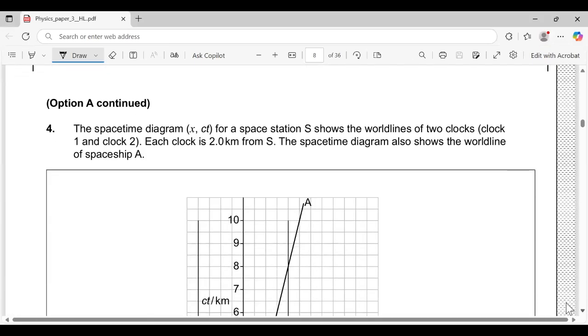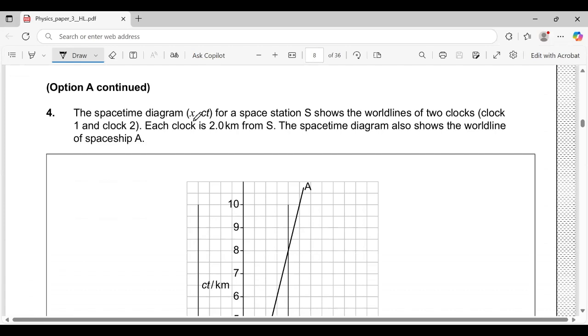Next question, number 4. The space-time diagram x, ct for a space station S shows the world lines of two clocks, clock 1 and clock 2.